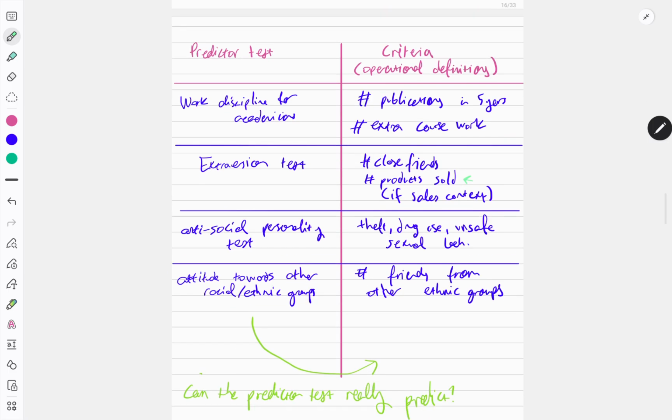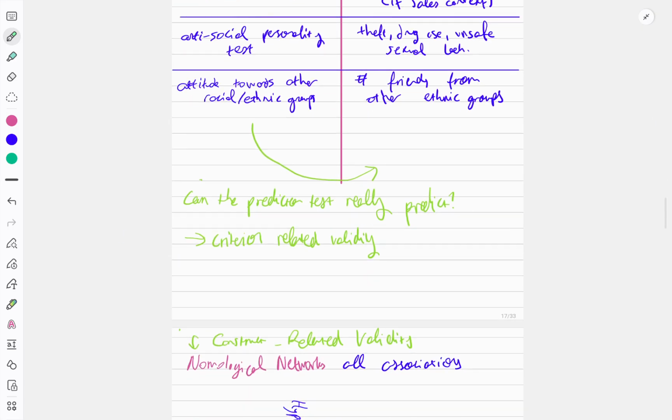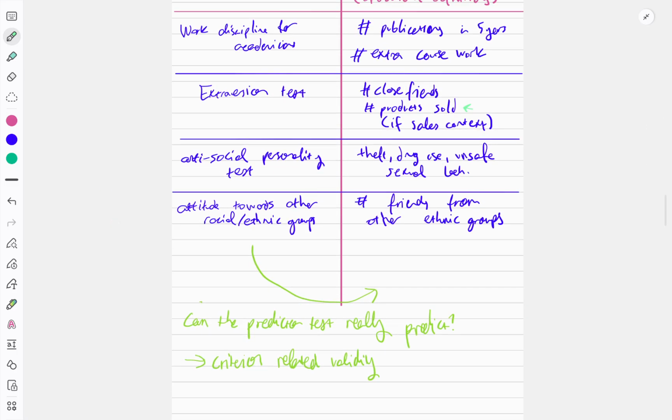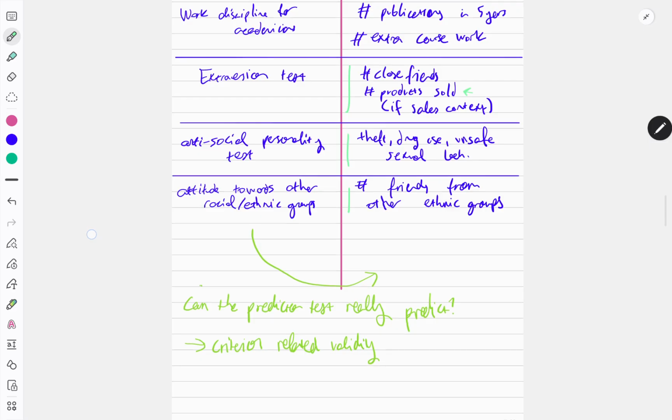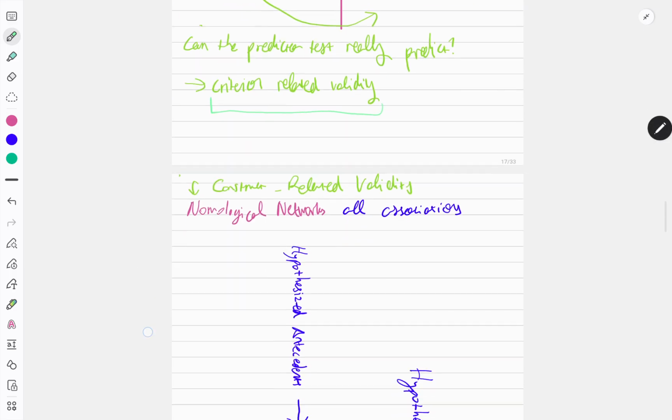And with an antisocial personality test, we look at theft, drug use, unsafe sexual behavior, etc. These are similar examples. What we are looking for is whether the predictor test can really predict, and we check these questions to make sure that we have successfully found something. This is related to criterion-related validity.